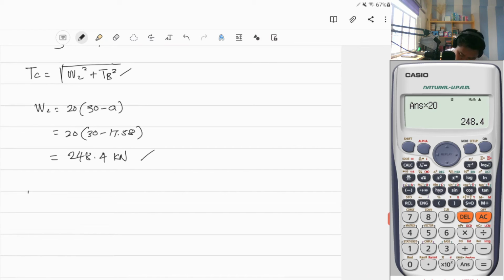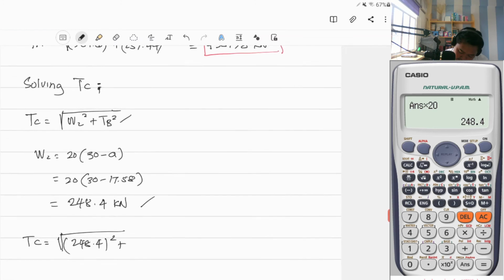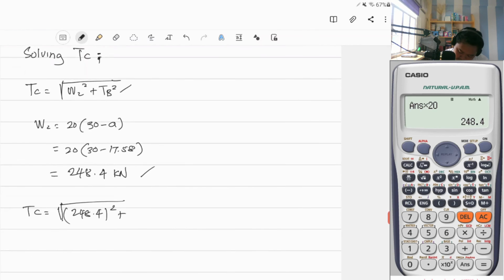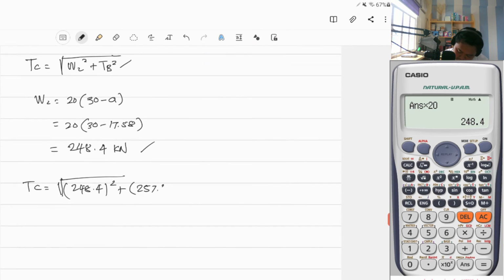Okay, so we can now solve for TC. TC equals the square root of W2, which is 248.4 squared, plus TB, which is 257.44 squared. So we can solve for TC equals the square root of 248.4 squared plus 257.44 squared.